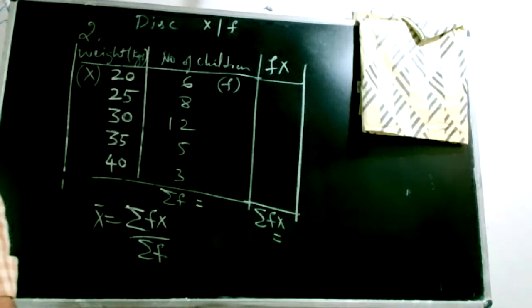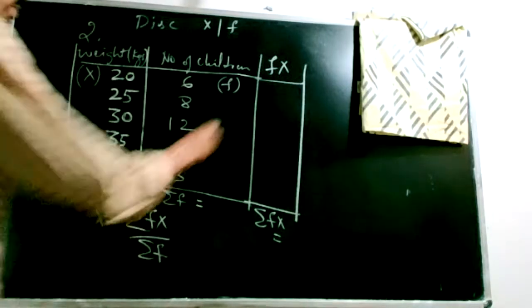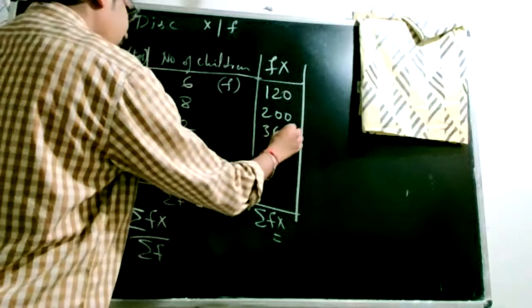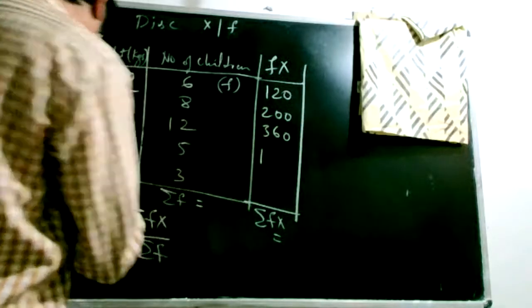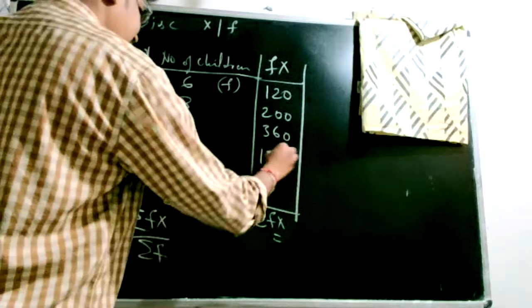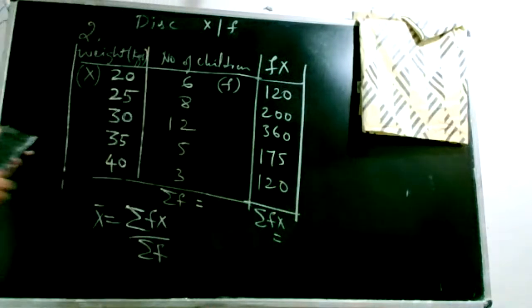Okay. So we'll have 6 into 20 is 120, then 200, 360, 185, 75, and 120. Then obtain the totals.